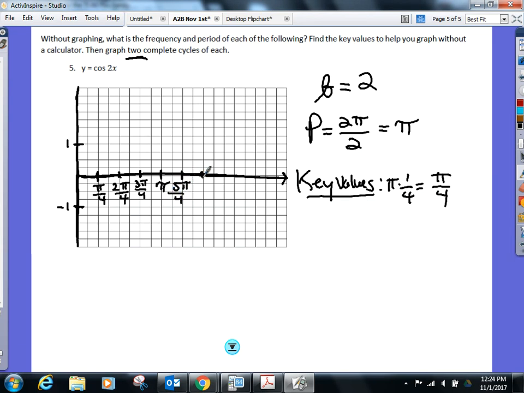Next one. 6 pi over 4. You can reduce that if you want, that's fine. Lucas, finish it. 7 pi over 4. And then finally, 8 pi over 4. Easy. Also known as 2 pi.